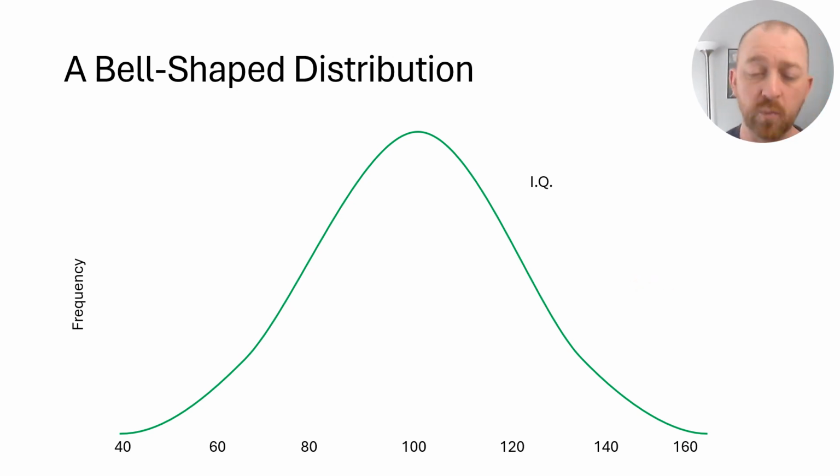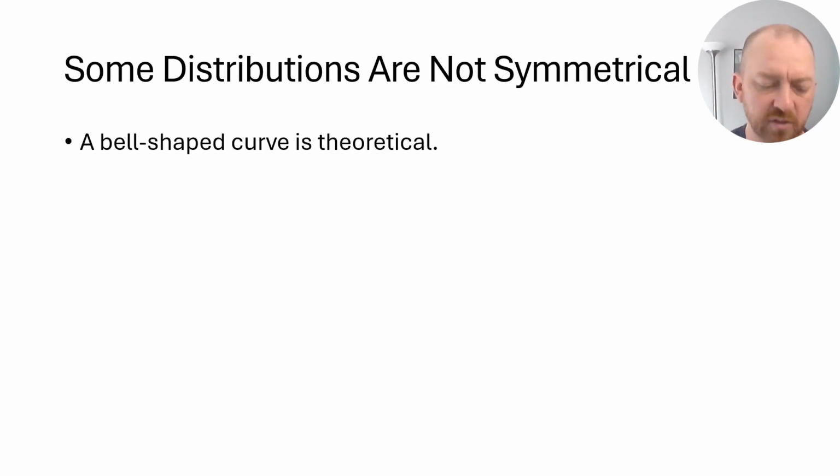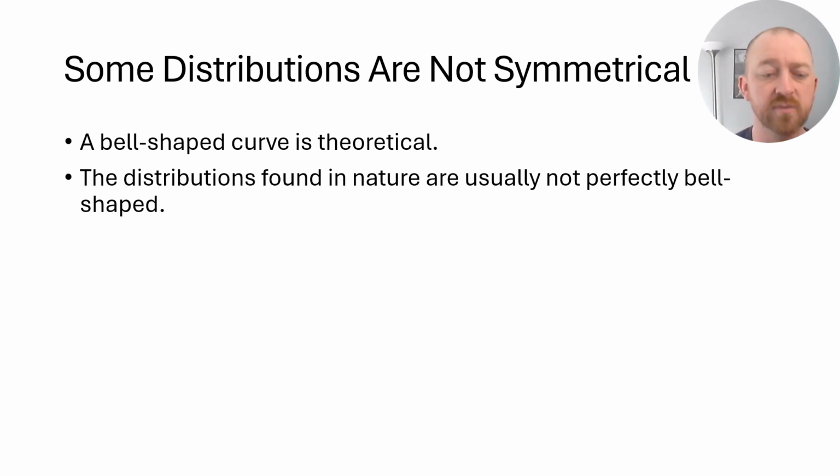So anyway, a histogram in and of itself is quite useful. And now we need to talk about some things that are different from the bell-shaped curve, so that we have the language to understand what's going on here. So once again, a bell-shaped curve is theoretical, and in reality we usually don't see perfectly bell-shaped curves given our variables in nature, and that's because it may be sampling error, it may be just because of natural variations among the people on that variable, or it doesn't have to be people, but whatever it is we're measuring, right?